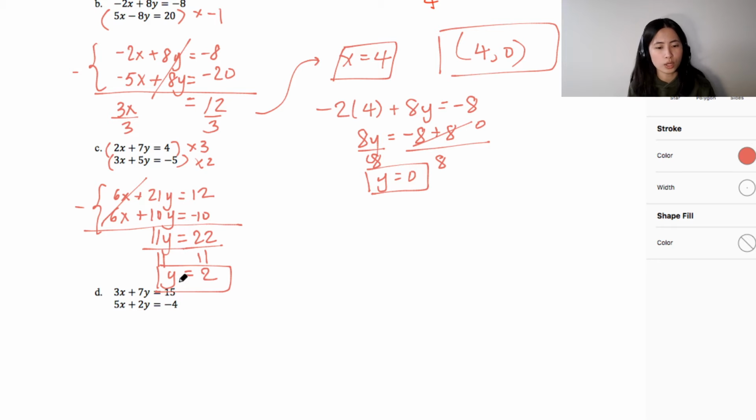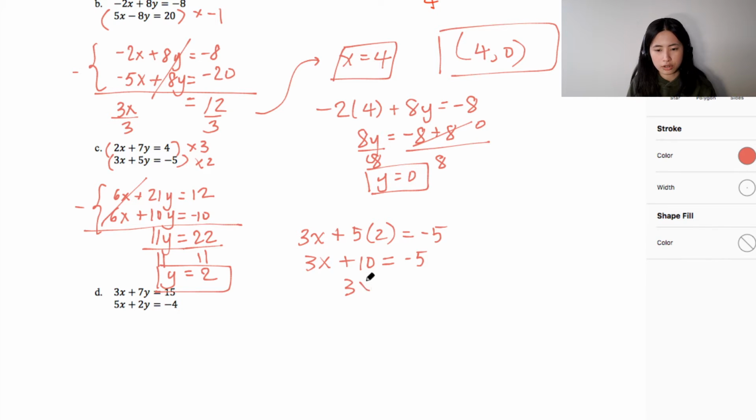Okay, so once we know that y is equal to 2, all you have to do is pick any of the equations. I can even pick the second equation, right? So you would have to plug in this 2 anytime you see a y. So this is 3x plus 5 times 2, which is equal to negative 5. So you would have 3x plus, 5 times 2 is going to be 10, and this is equal to negative 5.